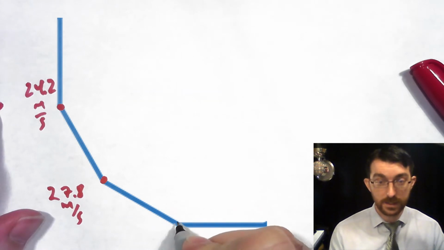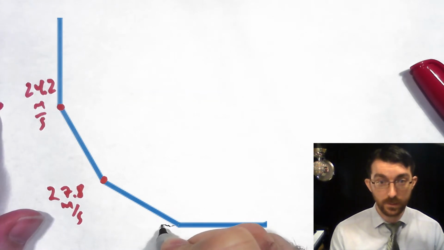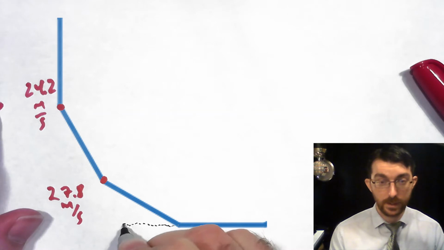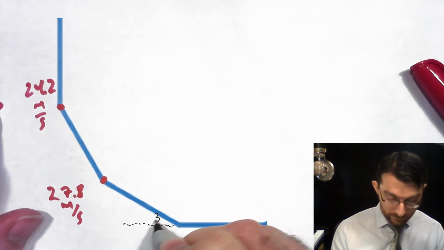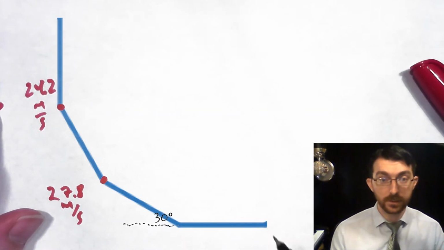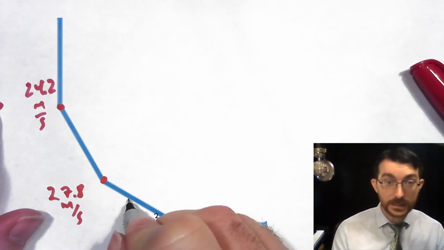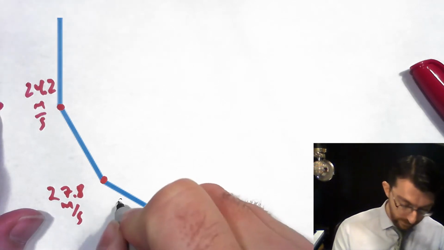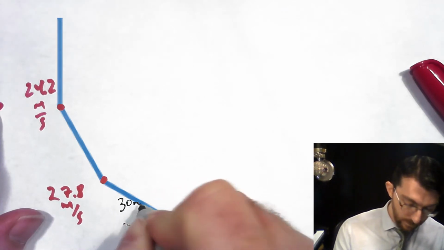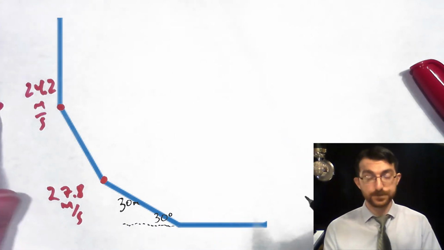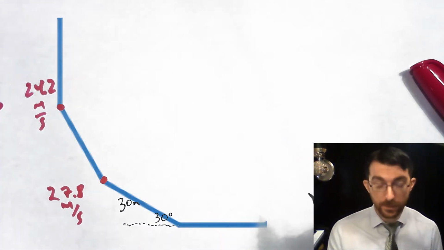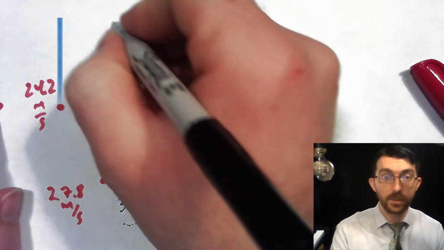This particular segment here, let me draw the horizontal, is at an angle of 30 degrees, but also has a length of 30 meters. Knowing that it has an angle of 30 degrees means that we can start working out the forces.